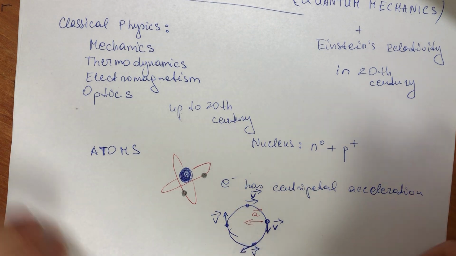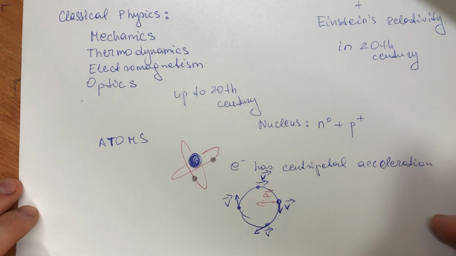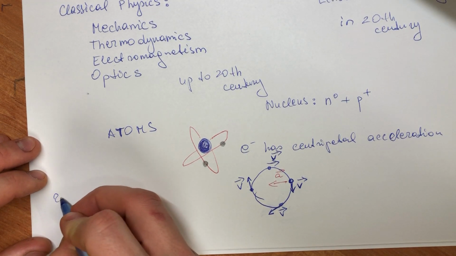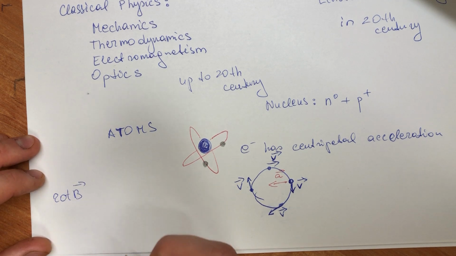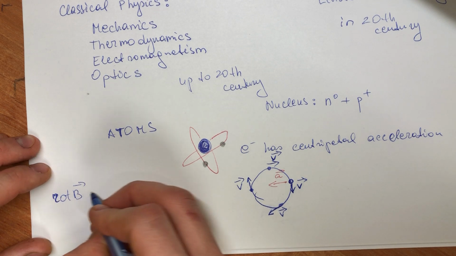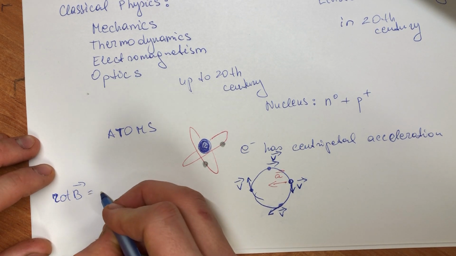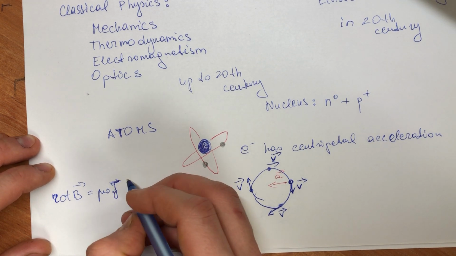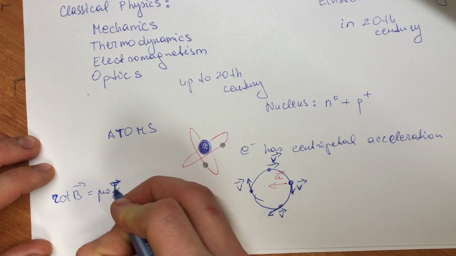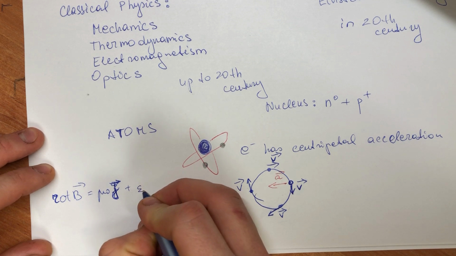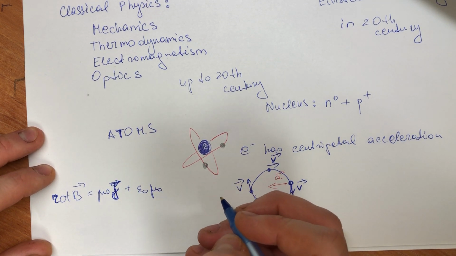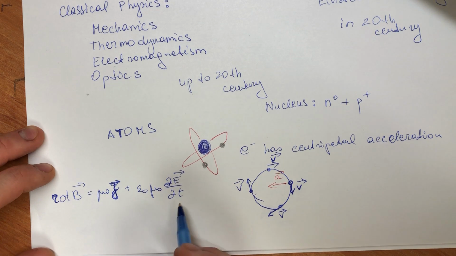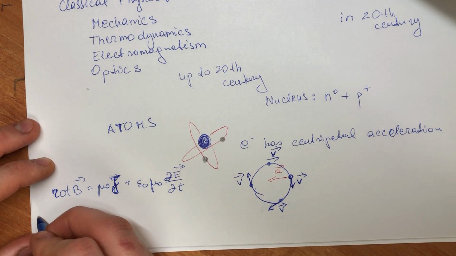As I told you about Maxwell's equations a bit, I mentioned that there was an equation where the curl, the rotor of the magnetic field, can be understood as the current density, which refers to current, plus some constants, and the changing electric field in time.